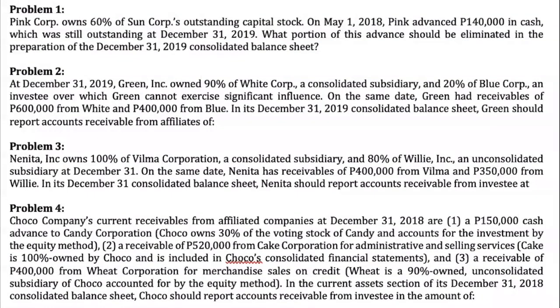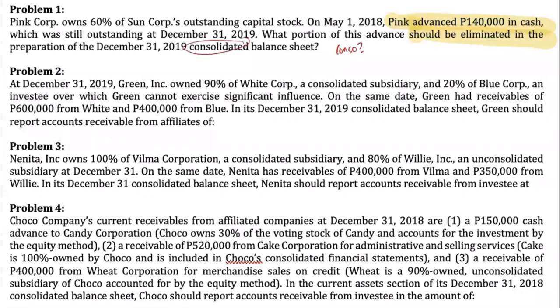Problem 1, Pink Corporation owns 60% of Sun's outstanding capital stock. On May 1, 2018, Pink advanced 140,000 in cash, which was still outstanding at December 31. So si Pink nagpautang kay Sun. What portion should be eliminated? They prepare conso?